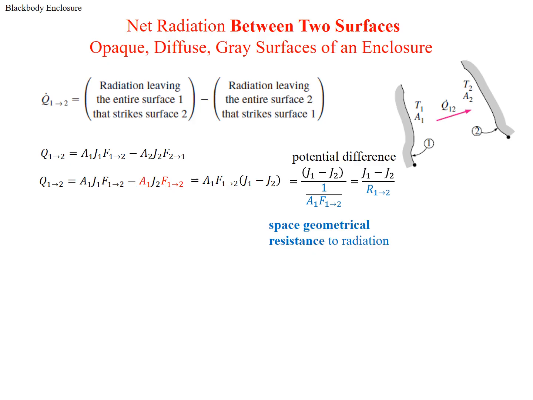But I bring it to the denominator, and the reason I do that is just to get what I call a space geometrical resistance to radiation. I call it space geometrical resistance because it's a factor that only depends on the geometrical characteristics of my space. So depending on how the two surfaces view each other and how your view factors are, this R value would be defined.